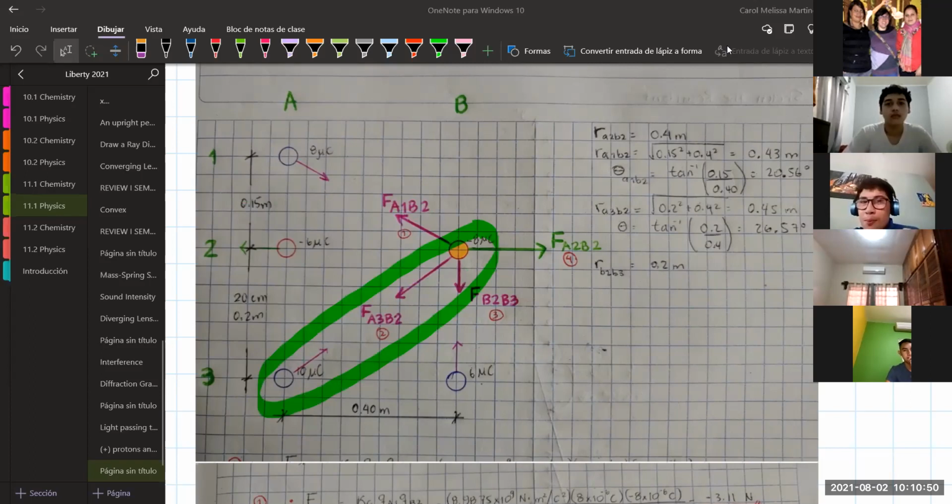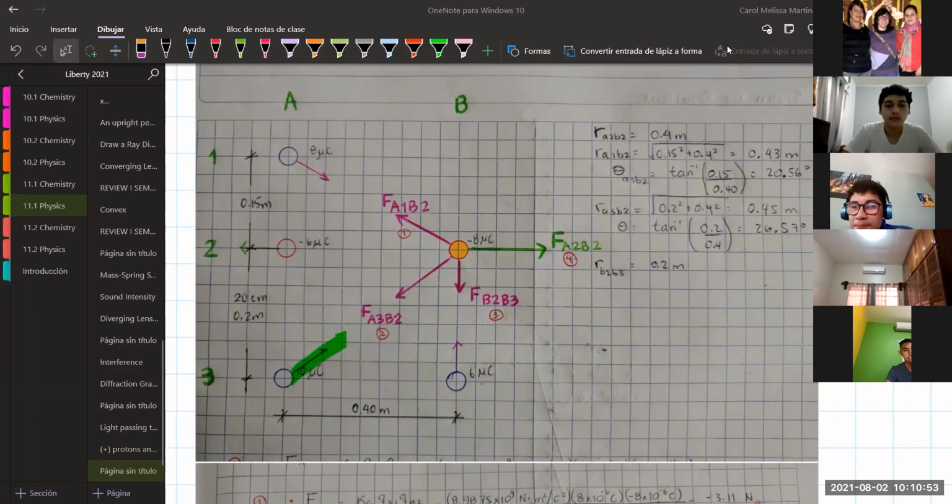Because they are opposite charges, I have attraction. My fourth force is going to be this one. And since they are opposite charges, they're going to be attraction too.